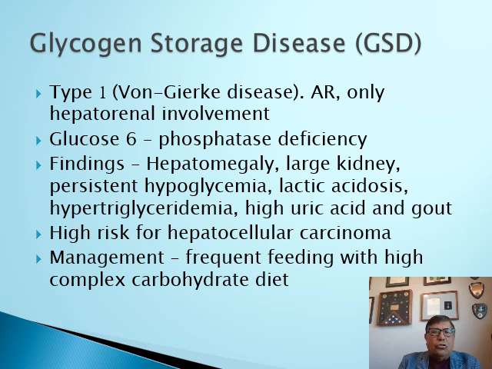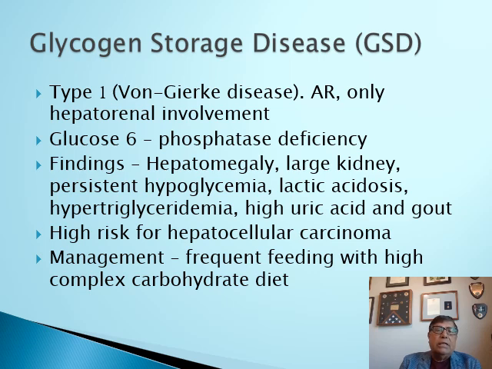And among the glycogen storage diseases, the most common, there are types 1, 2, and 3, but the most common type is type 1, which is also known by the time-honored name von Gierke's disease. It is autosomal recessive with hepatorenal involvement.